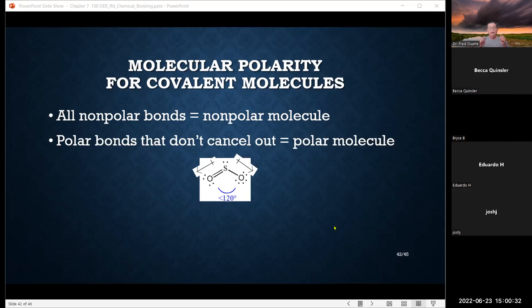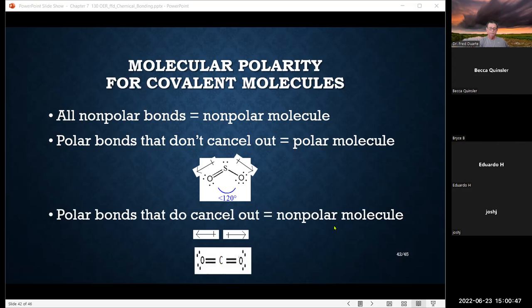Now, if you have a molecule that has polar bonds that do not cancel out, you end up with a polar molecule. What does that mean, cancel out? Let me give you another example here. Polar bonds that cancel out because of their position end up as being net non-polar.